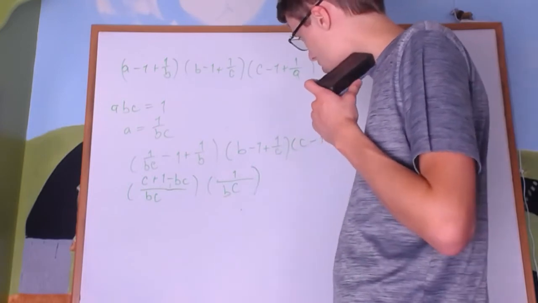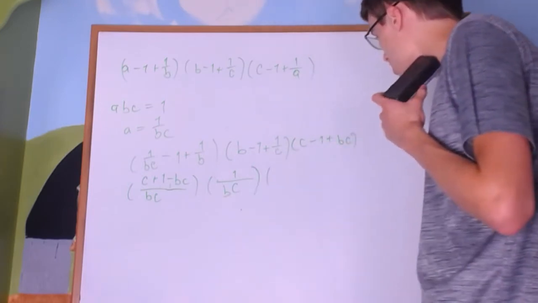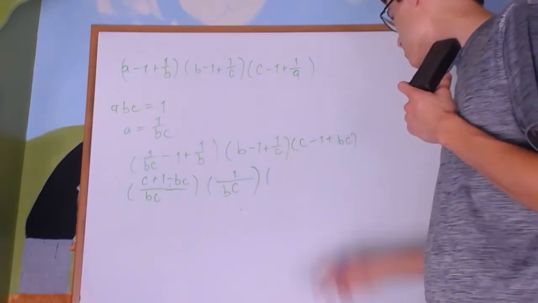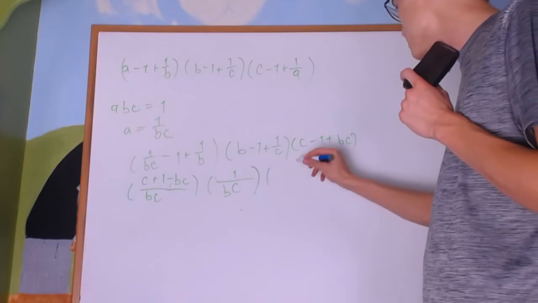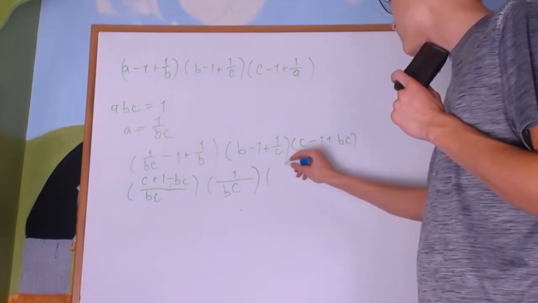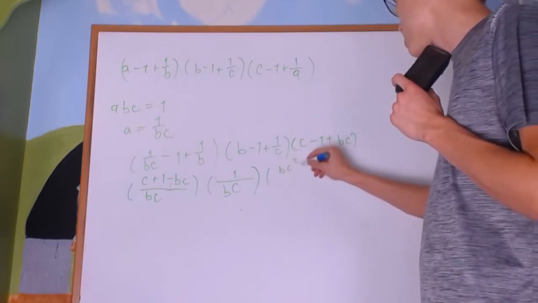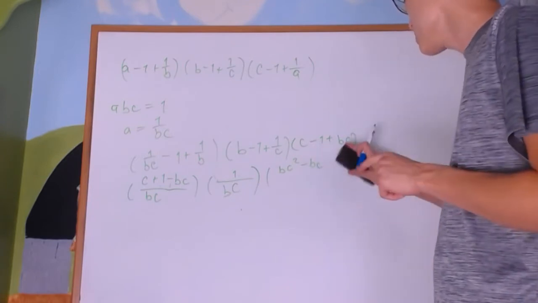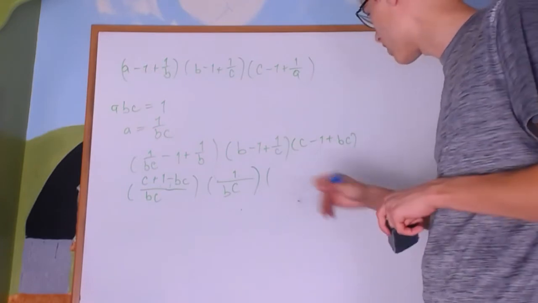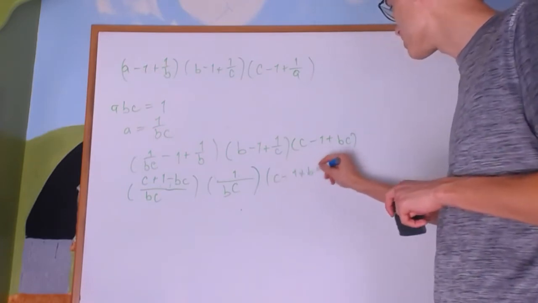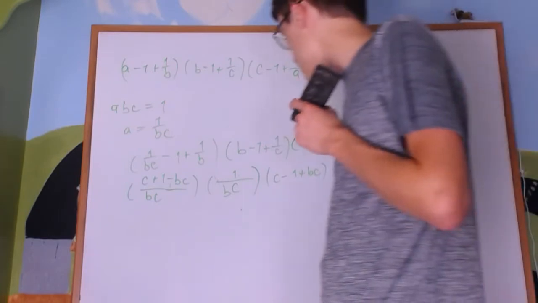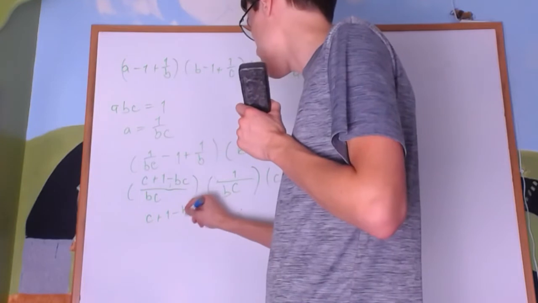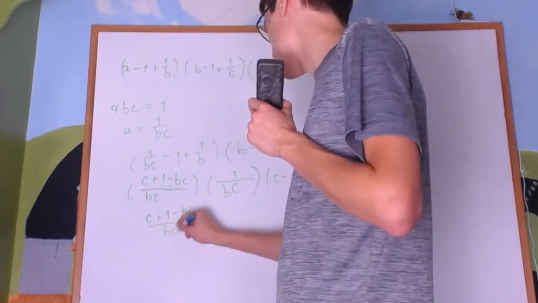Alright, that one can't be simplified, but if I wanted to make it over BC, it'd be BC squared minus BC. Yeah, no, this one I can leave, I think. C minus 1 plus BC. Alright. That one, if I multiply it in, I get C plus 1 minus BC over BC squared.